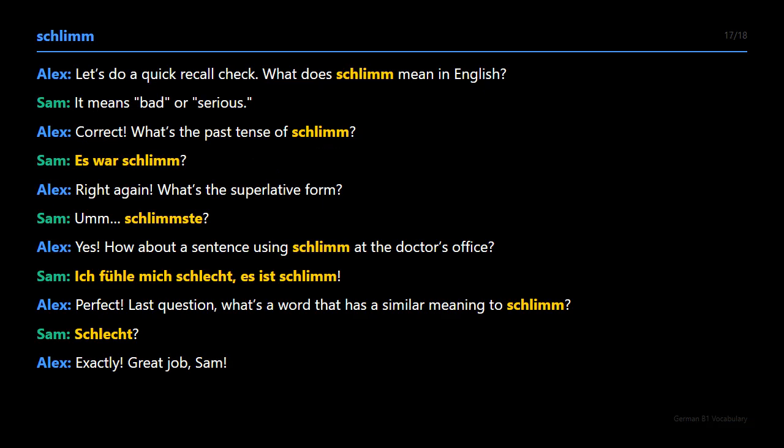Let's do a quick recall check. What does Schlimm mean in English? It means bad or serious. Correct. What's the past tense of Schlimm? Es war schlimm. Right again. What's the superlative form?